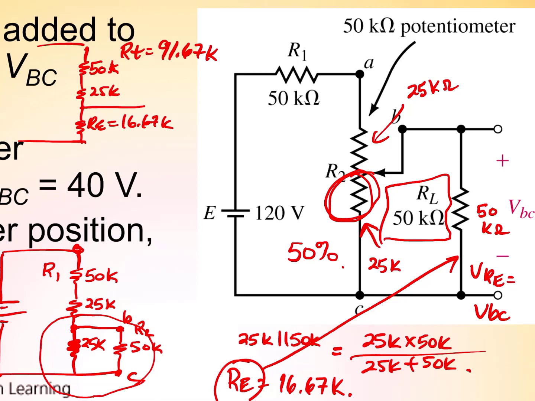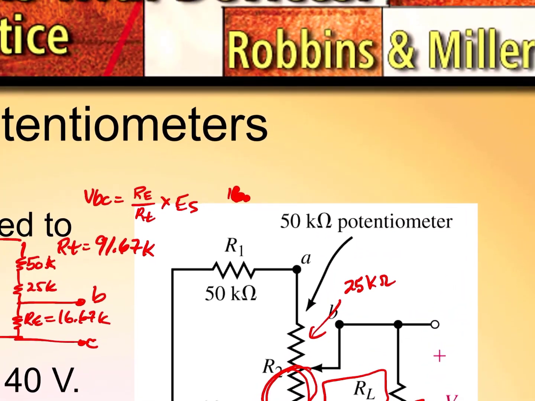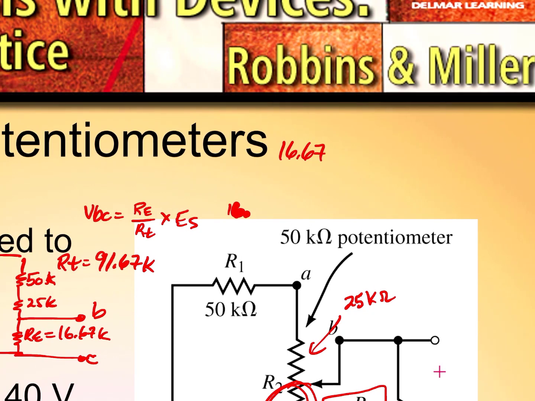Now we want to know, because this is point B and this is point C, and we're trying to determine VBC, it's a simple calculation of voltage divider rule. So we can say that VBC will equal R equivalent over R total times E source. So in this case that would be 16.67 over 91.67 times 120 volts.